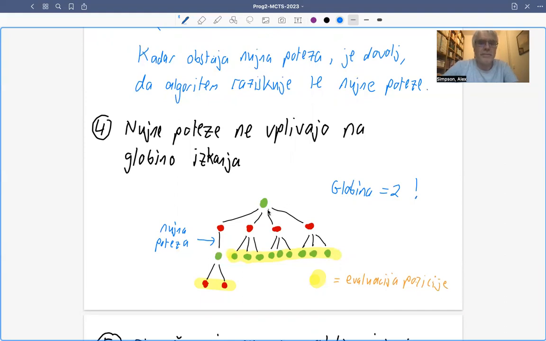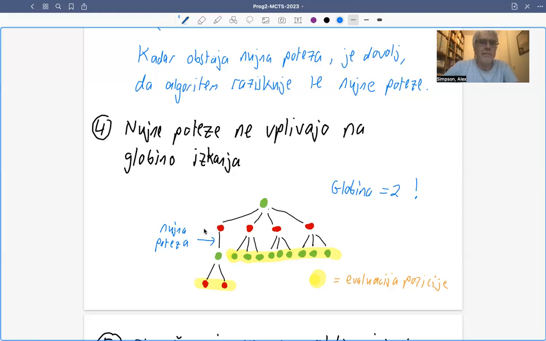What we would normally do is, it's green's go to play here, so we look at all possible moves that green can make. And then for each of those, we look at all possible moves that the opponent, red, can make. And normally at depth 2, we would stop the search there.